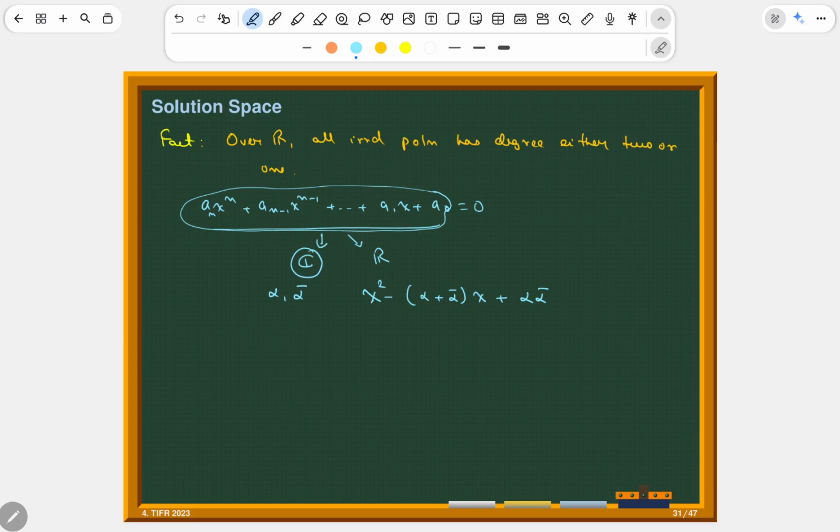Right? So this is well constructed by Vieta's formula itself. The sum of the roots gives the coefficient of the term next to the highest degree, and the product of the roots gives the constant term in this particular case. And observe that since alpha is a complex number, alpha plus alpha bar is a real number. Alpha alpha bar is also a real number.